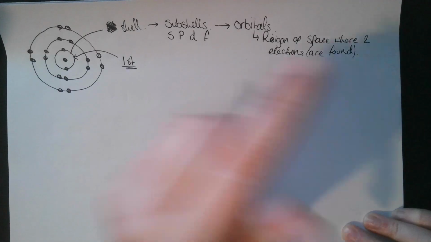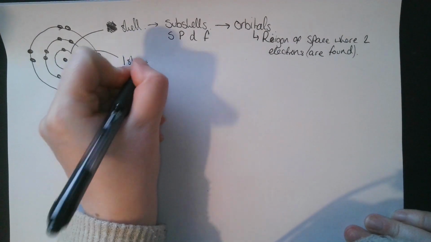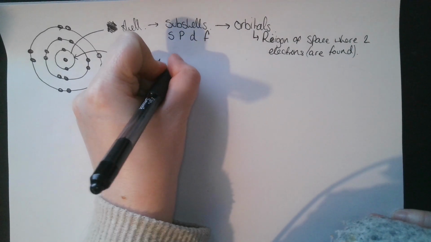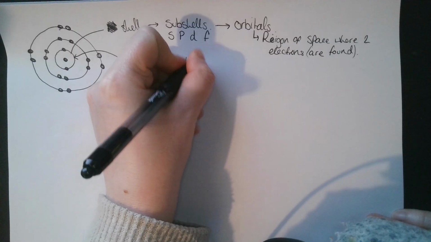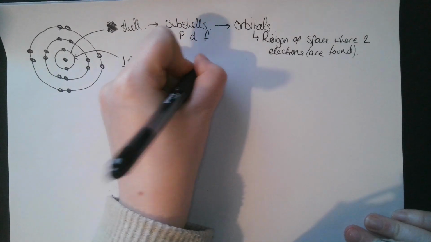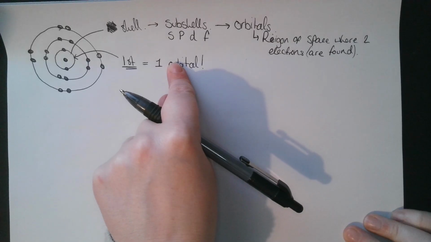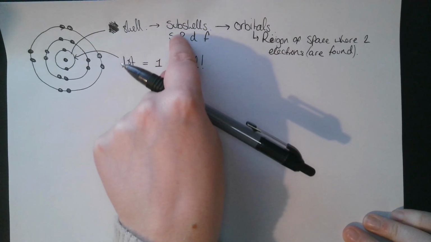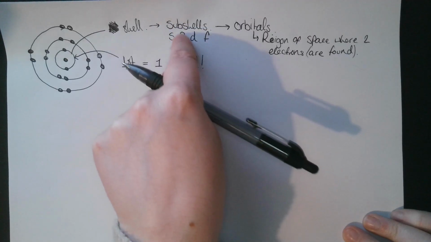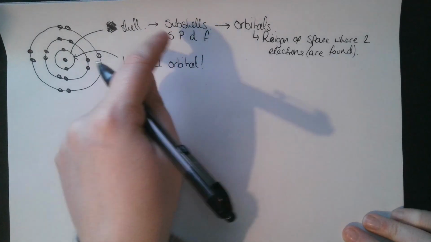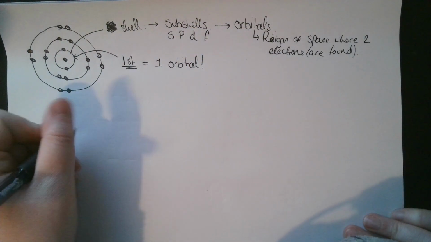This must mean that the first shell only has 1 orbital. Now that orbital is in the lowest subshell, which is S.